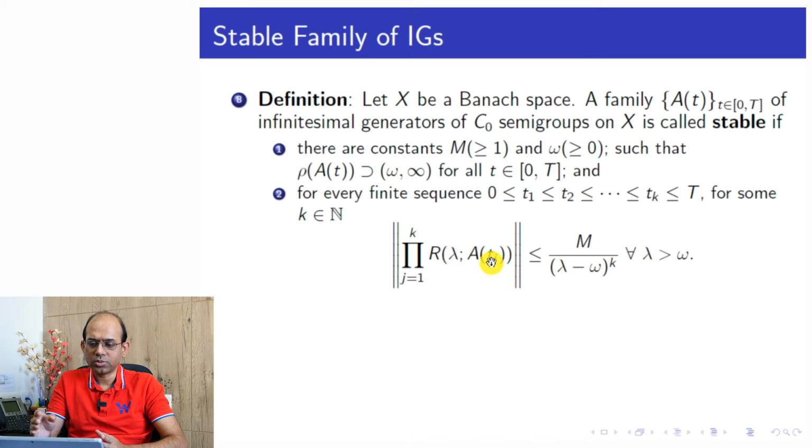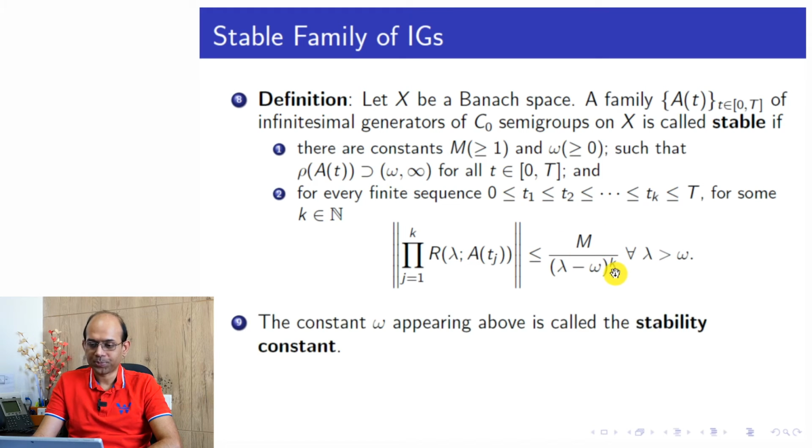Actually, the smaller numbers come on the right, in the order of time, because these operators need not commute with each other, so the product should be understood in a particular order. After fixing this order, take the norm, and it is less than or equal to M divided by (lambda minus omega) to the power k, and this is true for all lambda greater than omega.